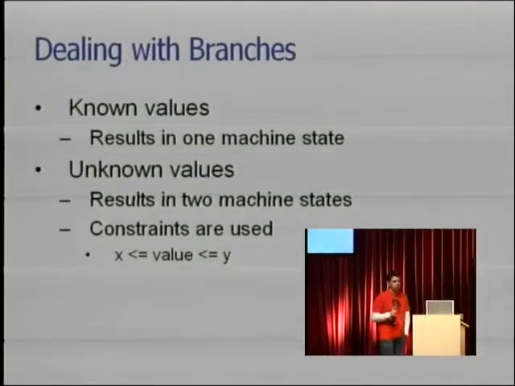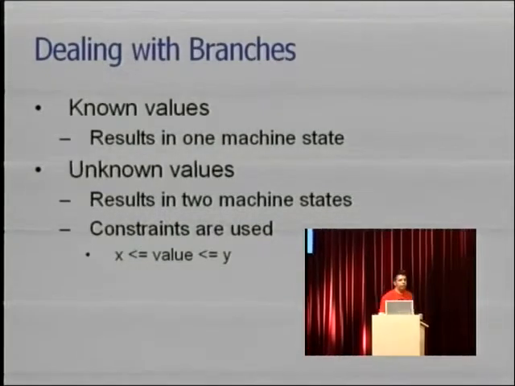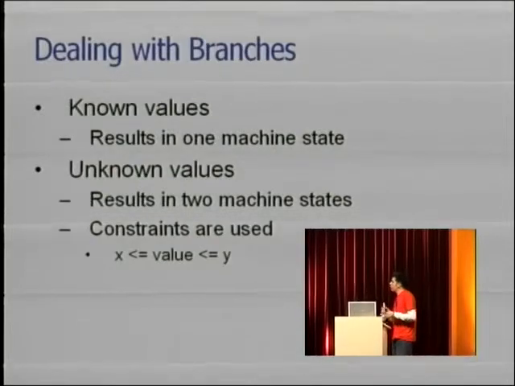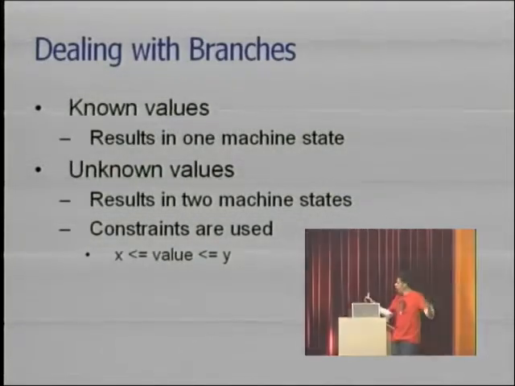And you have to decide, what are you going to do? Are you going to follow one path? Are you going to follow another path? Are you going to follow all the paths? This can become problematic as things start to explode in how many different combinations there are. So one thing that we're using is constraints. Constraints is a way to say a certain unknown value has a certain range based on calculations that were performed to reach that point.